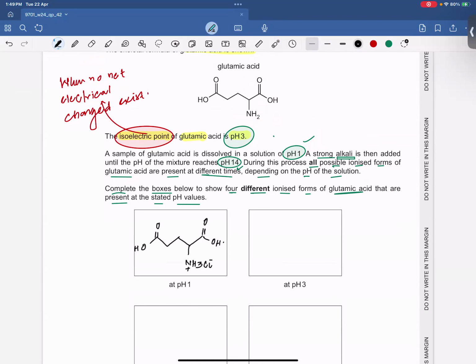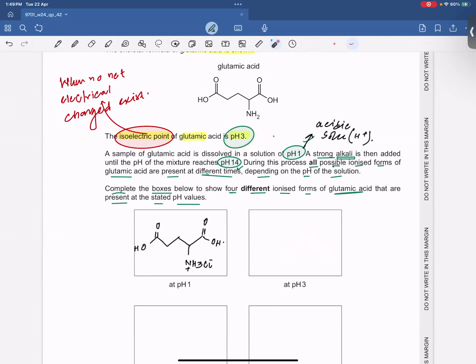Okay. Since pH 1, so acidic solution. An acidic solution shows the presence of hydrogen ion. Okay. At pH 3, obviously, the isoelectric point and pH 3 are the same. So obviously it will exist in zwitterionic form.